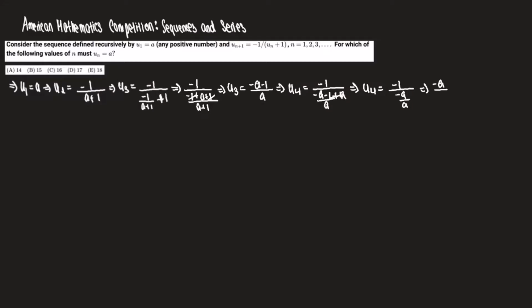So the a's cancel out, and you're left with negative a over negative 1, and then you just get a.